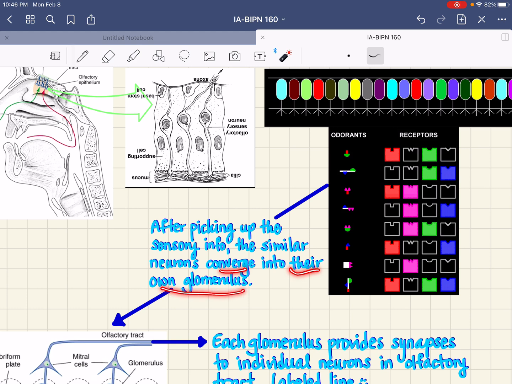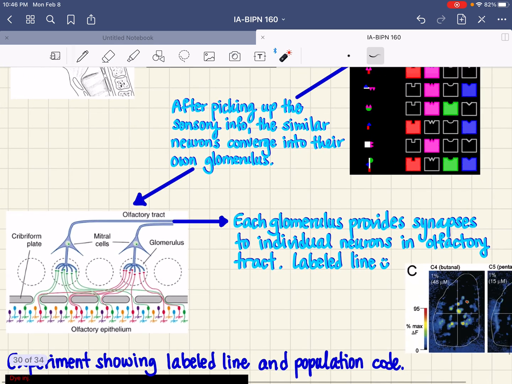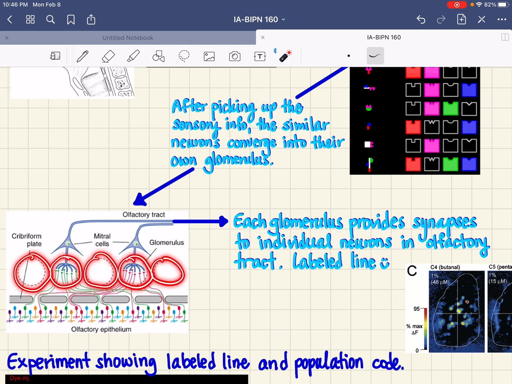Glomeruli is plural for glomerulus. Now, glomeruli lie right at the top of the cribriform plate, inside the olfactory bulb. And the glomerulus is just a bulb of synapses.